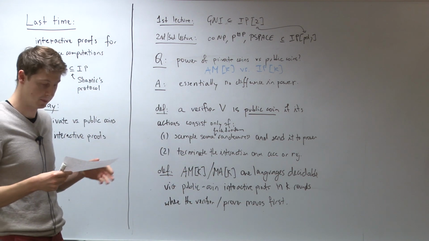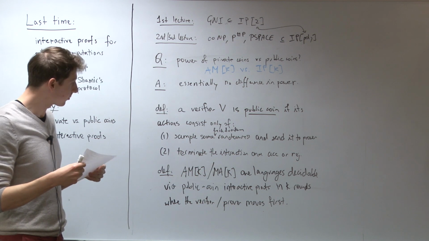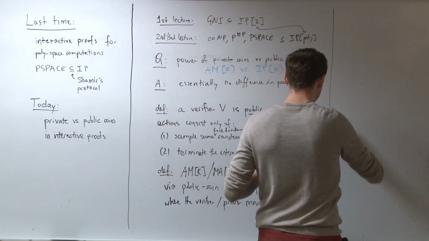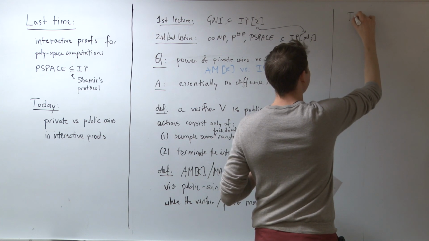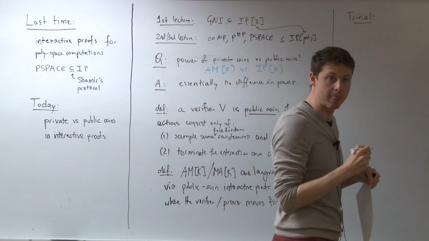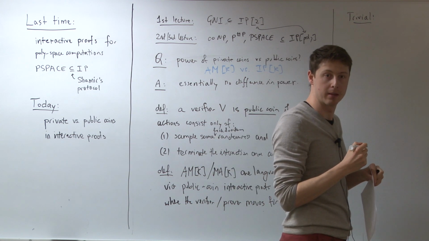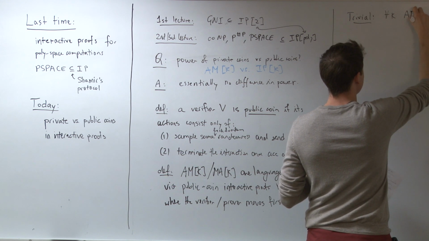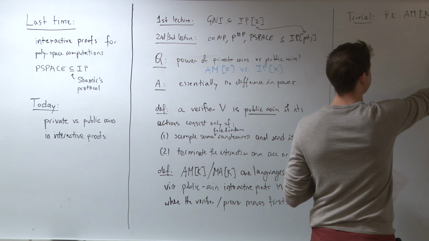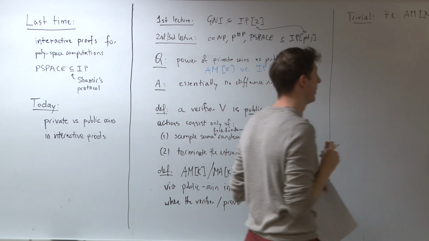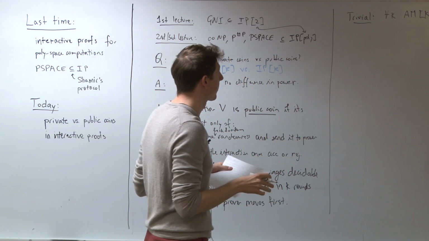Does it make sense? Now, there's one inclusion that is trivial. What's the trivial inclusion? Right, because we are only restricting the power of the verifier, we can, at best, decide no more languages.